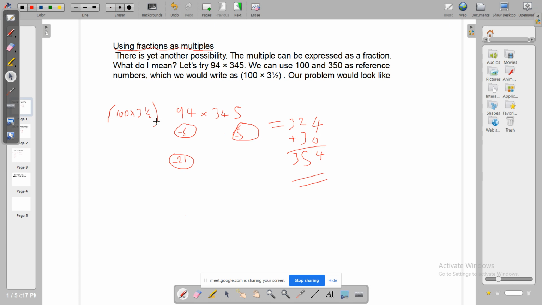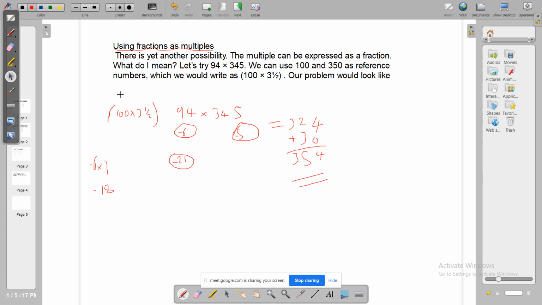Now, because of that, we have to multiply this by our second reference number. So negative 6 times 3 will give us negative 18.